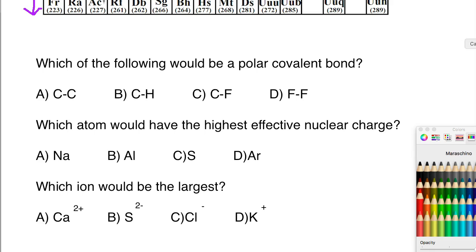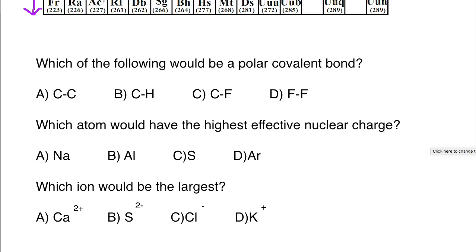All right, welcome back. I am assuming at this point you've had a chance to attempt to answer these questions for yourself. If I take a look at this, the correct answer for the first one is going to be that carbon-fluorine is a polar covalent bond.